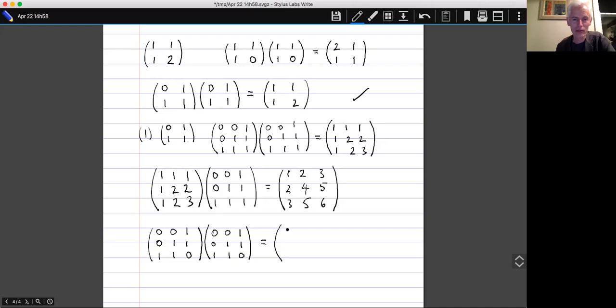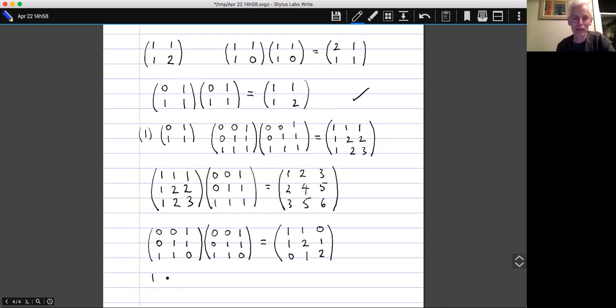So 1, 1, 0. Now I add the 2 columns, so 1, 2, 1. This is not looking awfully nice. Now I add the first 2. Yeah.